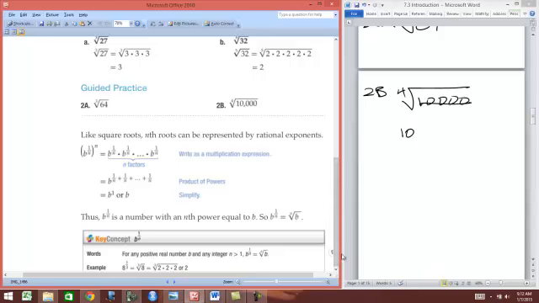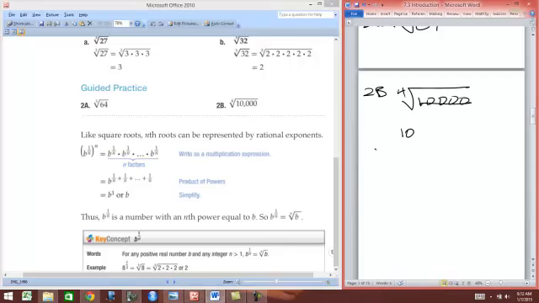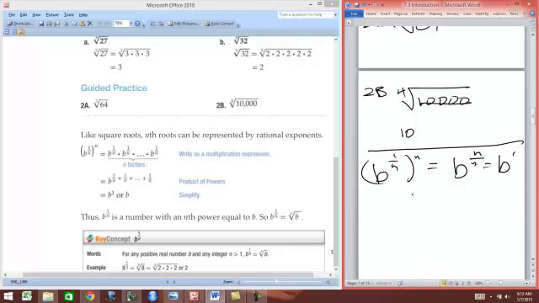Nth roots. Now, what are they talking about here? This is kind of a roundabout way. You see b to the 1 over n raised to the n. Well, that's going to equal b to the n over n, which is b to the 1st, which is b. All right.